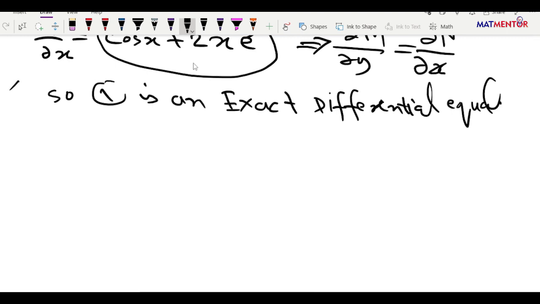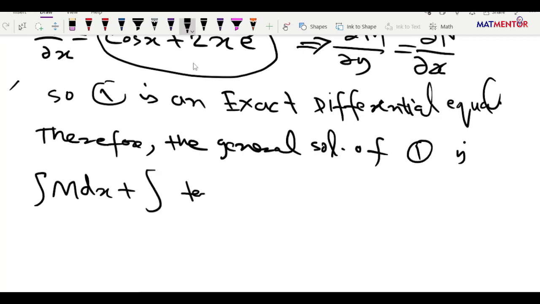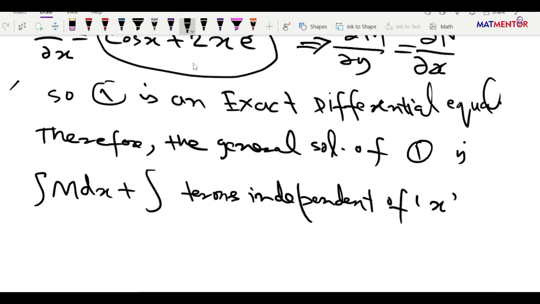Now we will see how to find the general solution of 1. Therefore, the general solution of 1 is, and we know that the formula for the general solution of an exact differential equation is the integral of M dx plus the integral of terms independent of x in N dy equals c.